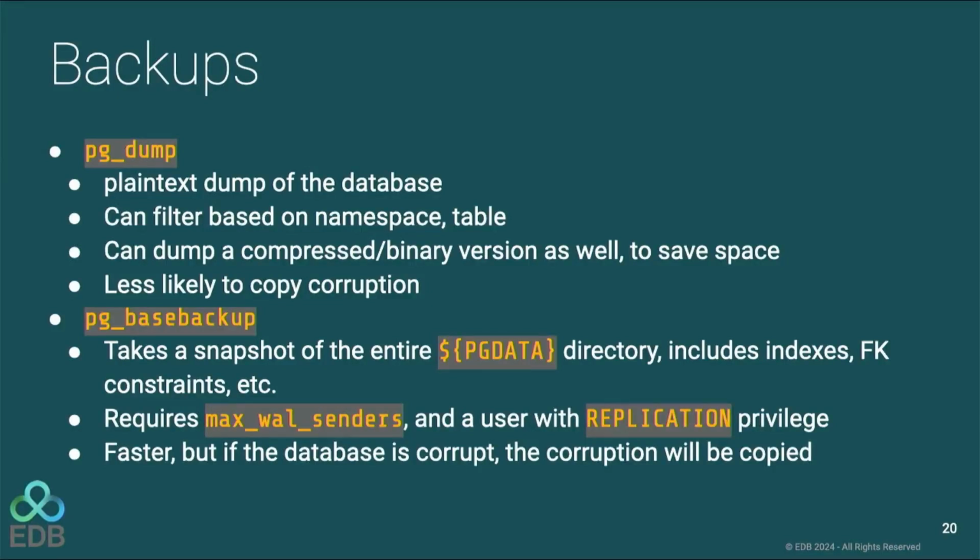All the indexes, foreign key constraints, everything's already there, so you don't have to wait to recreate those. However, you also need to have the replication privilege, so someone with superuser access will need to help you get that set up.